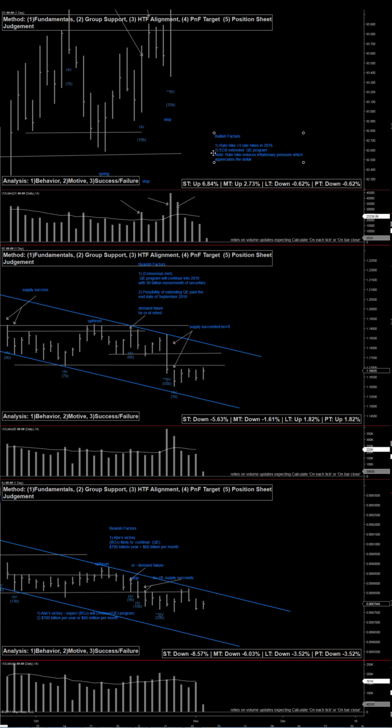So that's the connection between the rate hike and the appreciation of the dollar, because it reduces inflationary pressure. And the second thing is, I don't know why I wrote this, but ECB extends its QE program. Well, that's for the next chart.